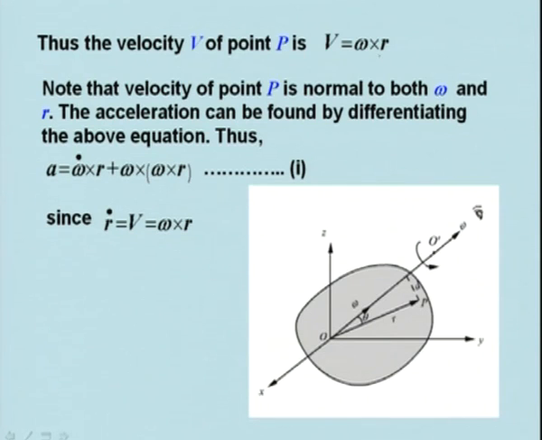Therefore, acceleration comes out to be omega dot cross r plus omega cross (omega cross r).